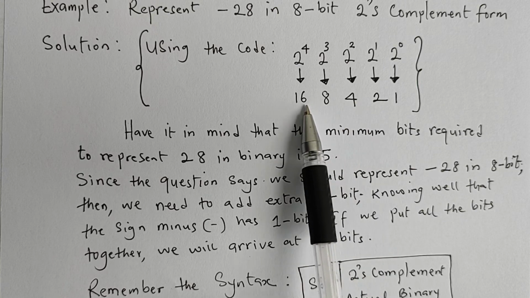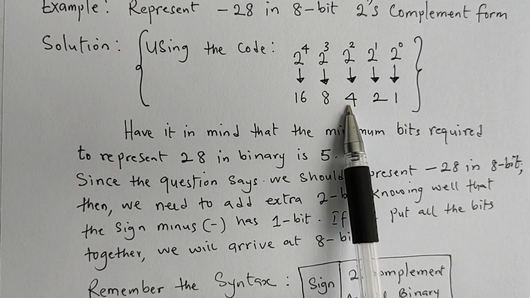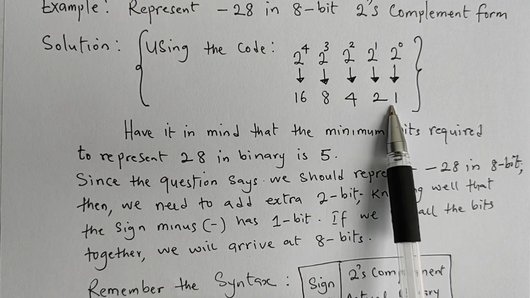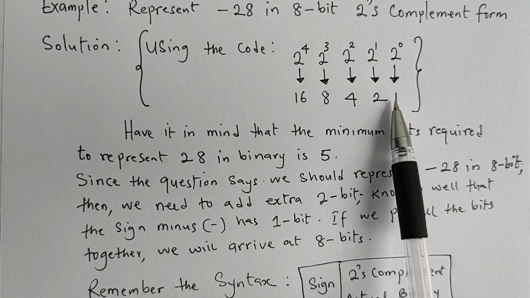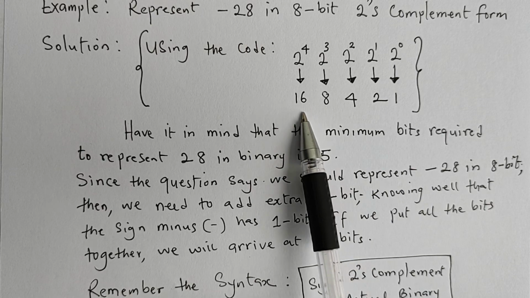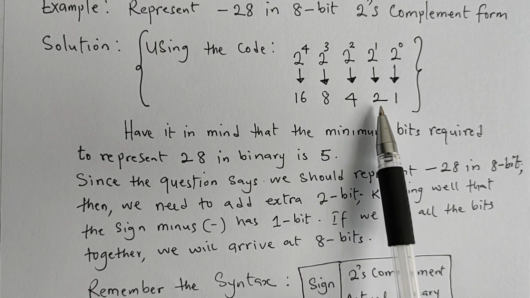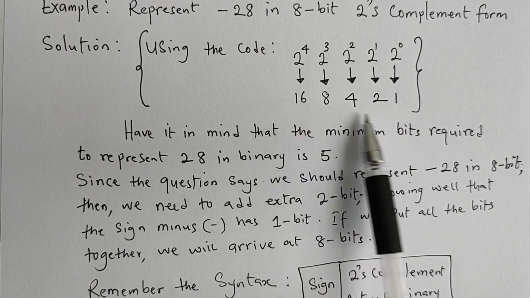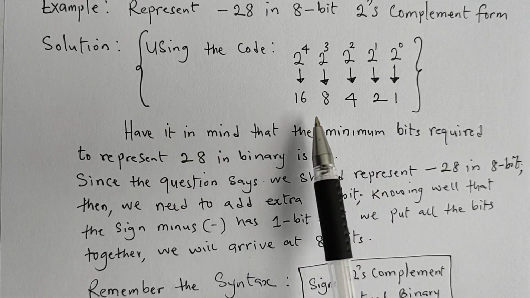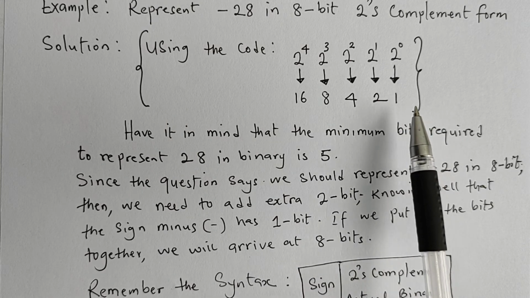If you sum these together, you get 28. And then you have 0, 0. So what you need is just 5 bits: 1, 1, 1, 0, 0. In that case, you get 28. So this is how easy it is.